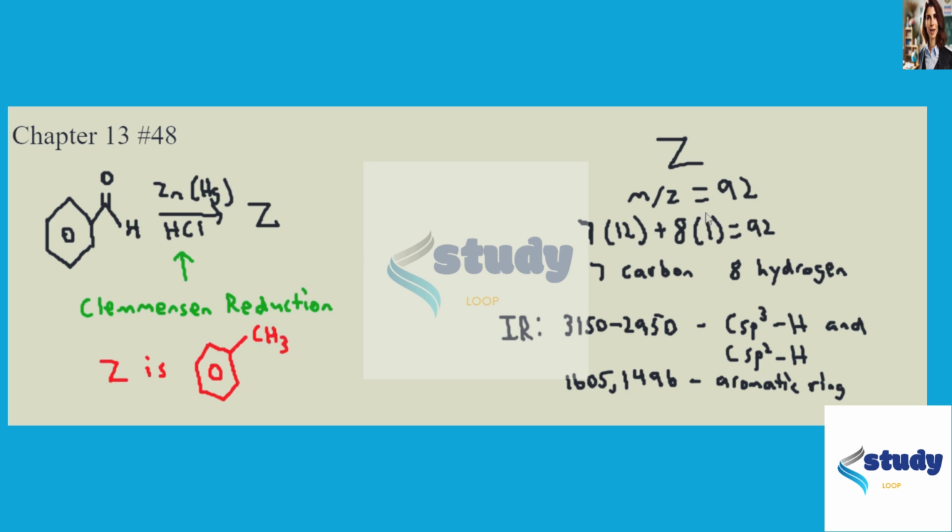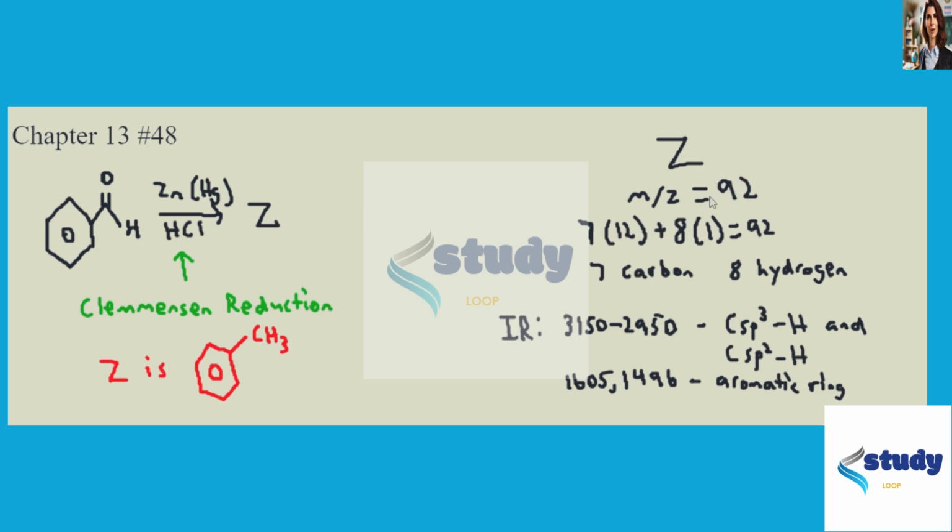But it is important also to look at this spectroscopic evidence that we have. And so the first piece of evidence that we're given is that when compound Z is analyzed by mass spectroscopy, we get an m/z of 92.